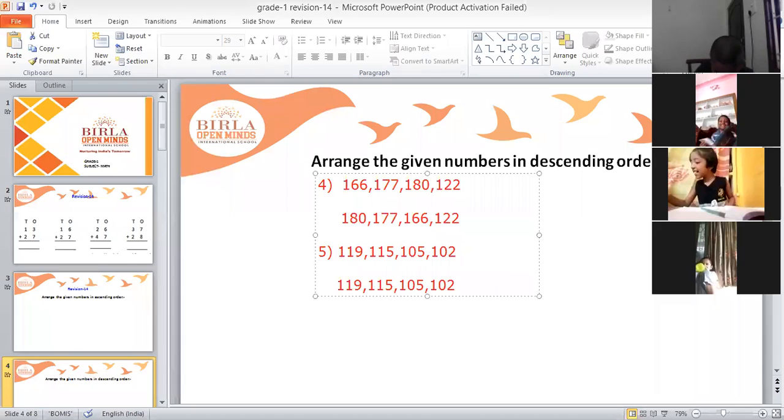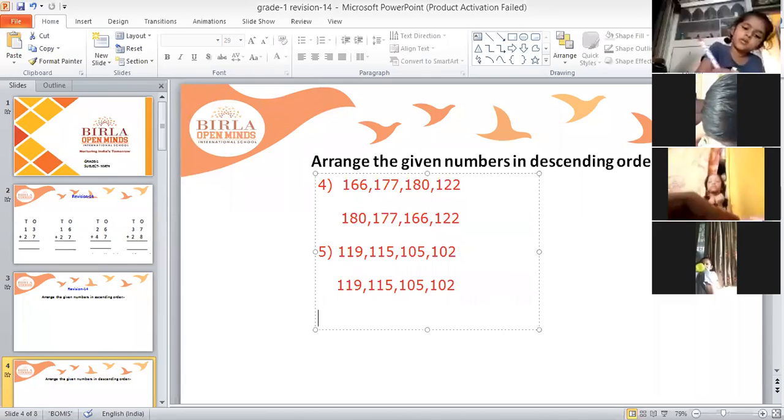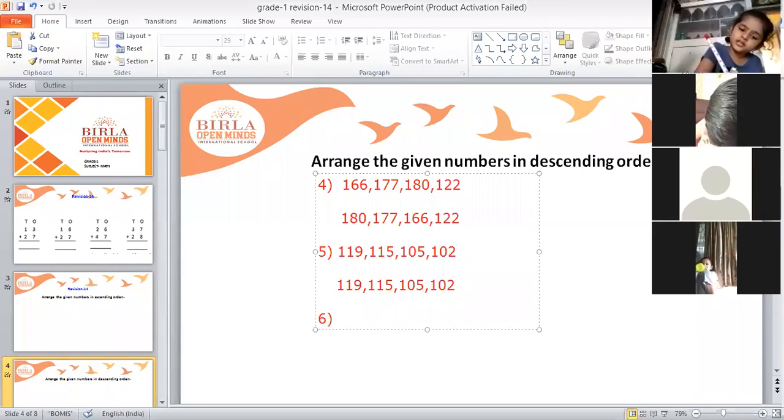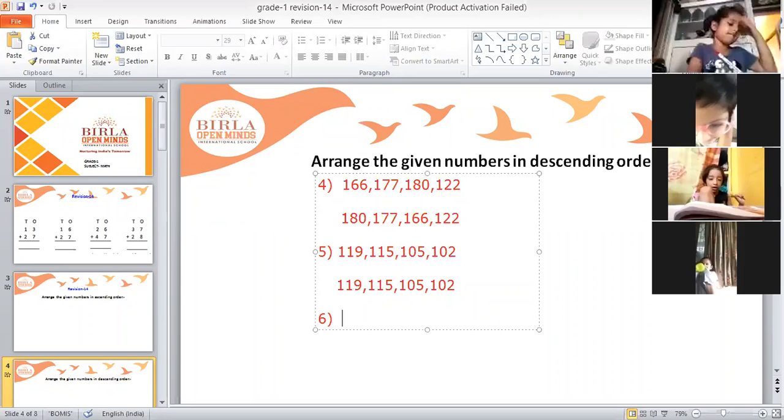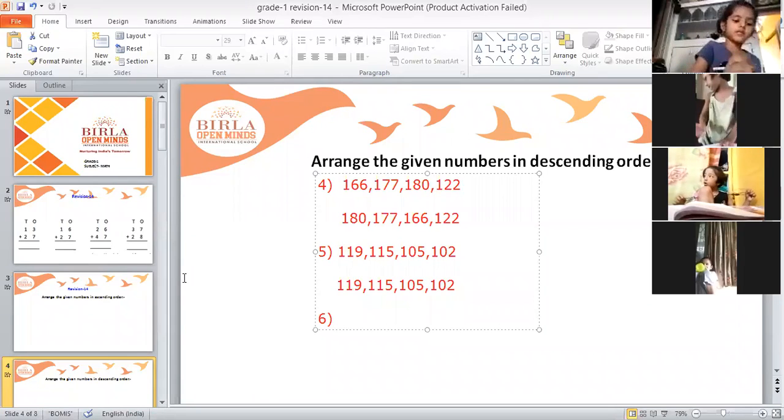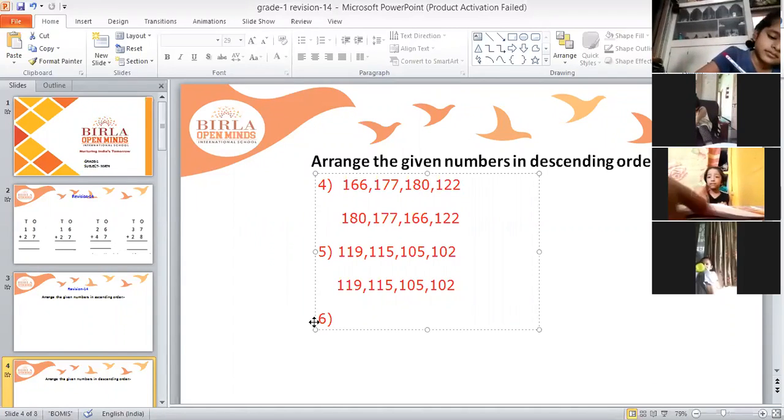Yes, children, write down the answer for the sixth bit. Sorry, fifth bit. Brinda? Yes, ma'am. Have you completed your work till here?